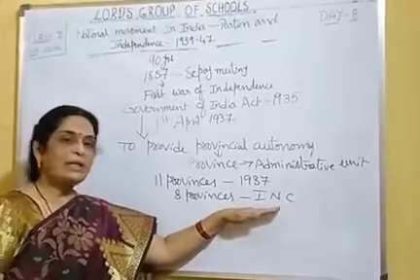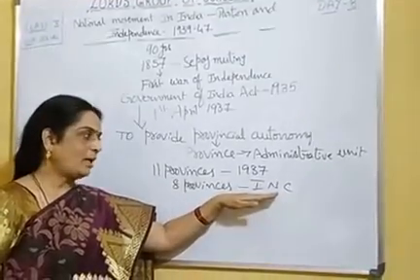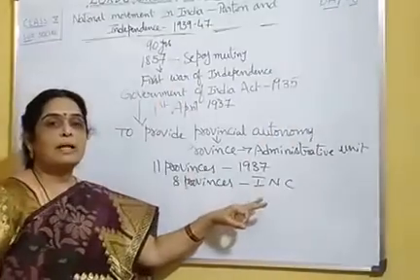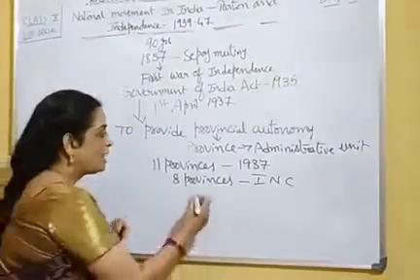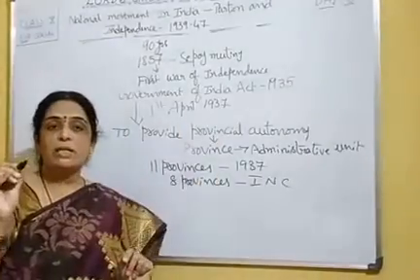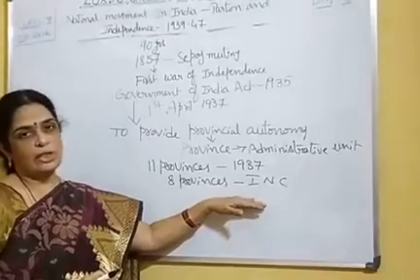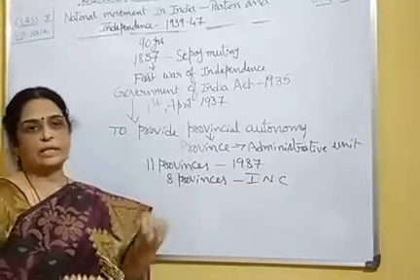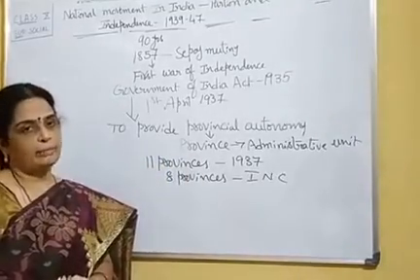So our Indian leaders became ministers and started participating in the administration. But this is not 100% freedom for us, not 100% autonomy. These provinces and Indian ministers had to work under the British Governor General. So they were supervised by the British Governor General. This happened in 1937.